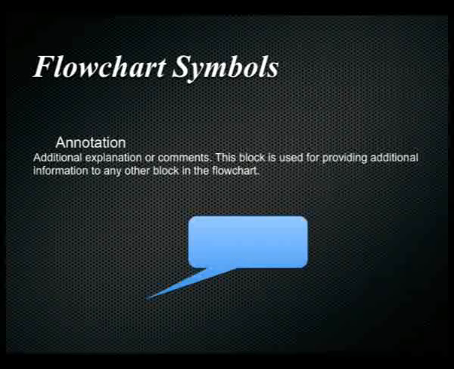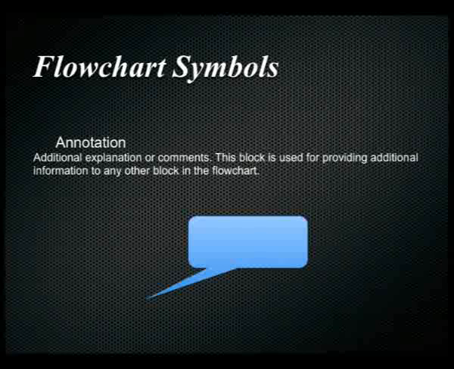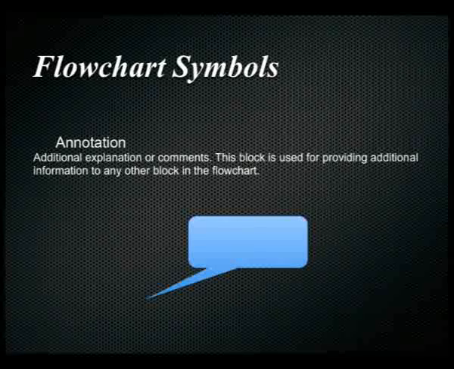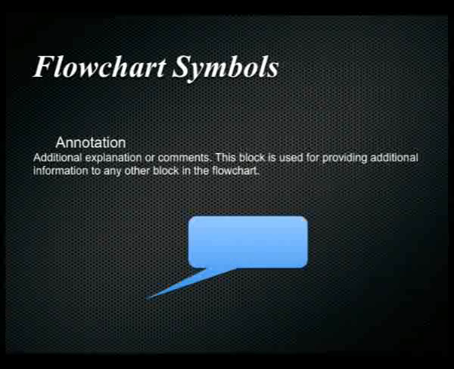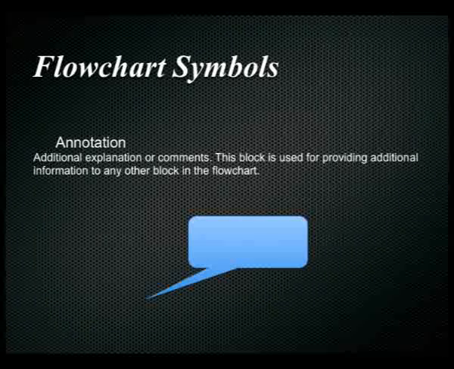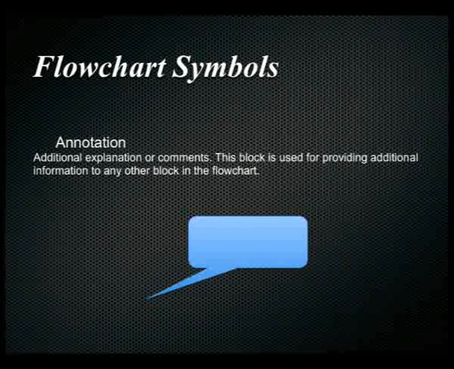So you may have, say, variable a equals b plus c, and then you might want to clearly state in an annotation symbol that it is a variable a, not the accumulator a, or something like that. Just things that make it a little bit clearer, so that when you actually get to the coding stage, you've already thought about some of the implementation issues that might crop up when you go to write the code. So an annotation symbol is simply a call out.